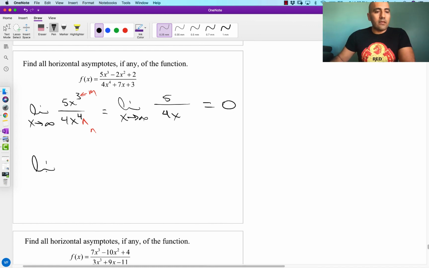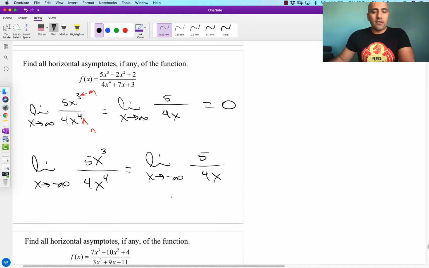On the other hand, the limit as x approaches negative infinity of 5x to the third power over 4x to the fourth power is going to be equal to the limit as x approaches negative infinity of 5 over 4x. And now if I plug in a very large negative number here, then the whole thing will become a very, very small negative number.